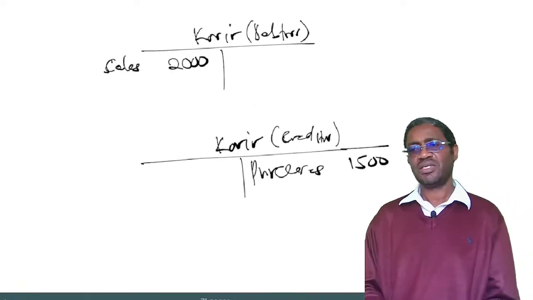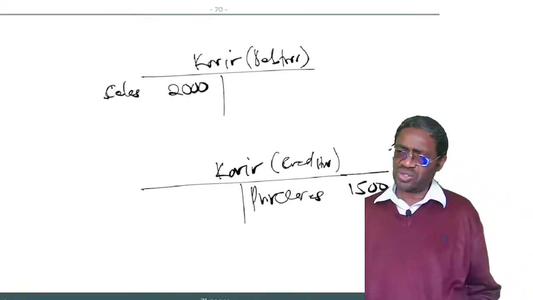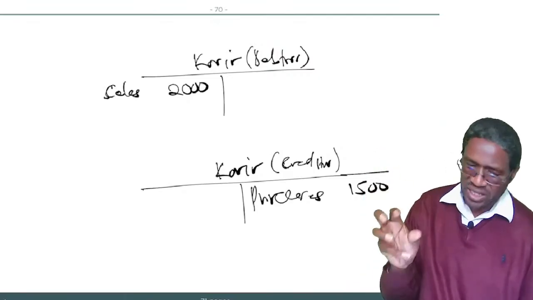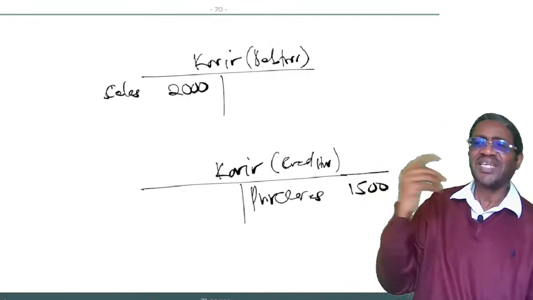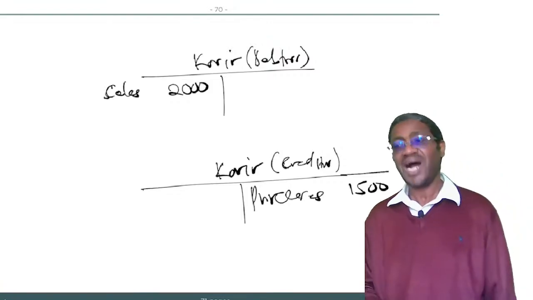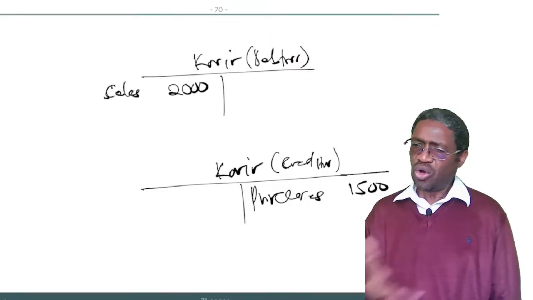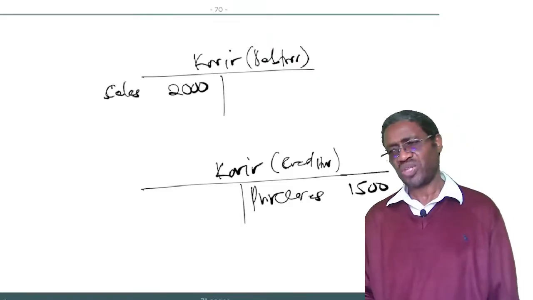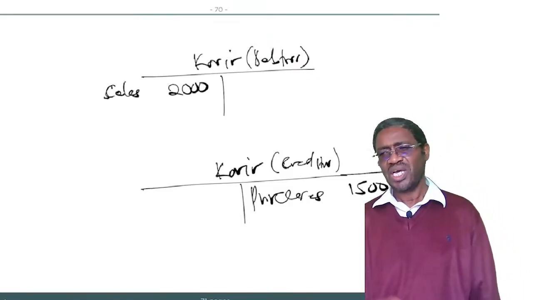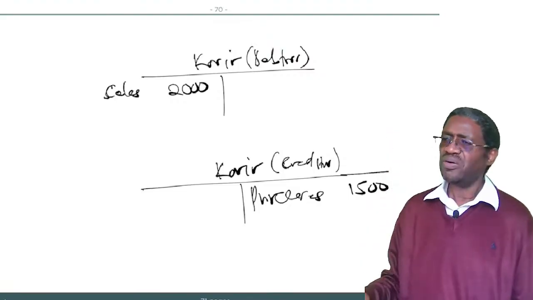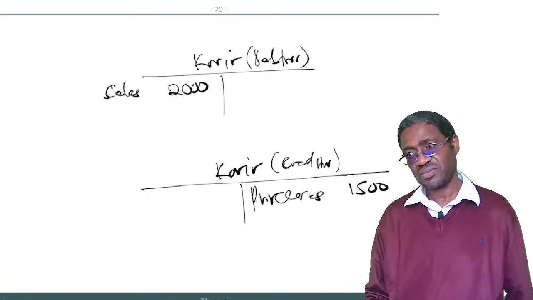Listen. So here is one person who is both a debtor and at the same time a creditor. As a debtor, Coril owes us 2,000 shillings. As a creditor, we owe Coril 1,500.